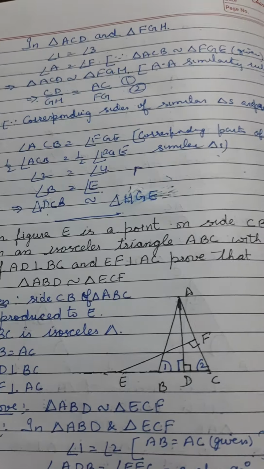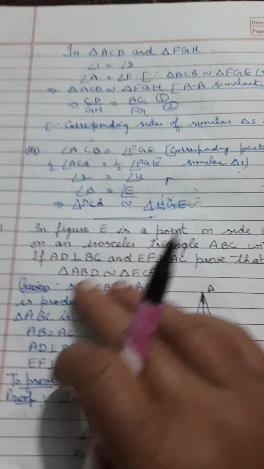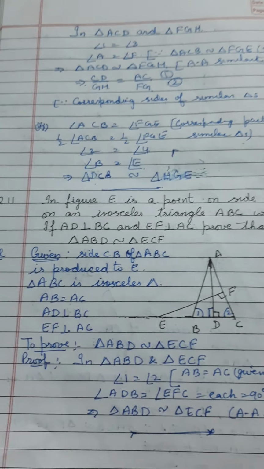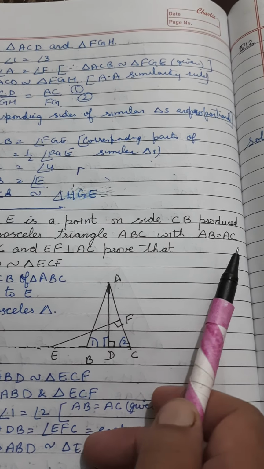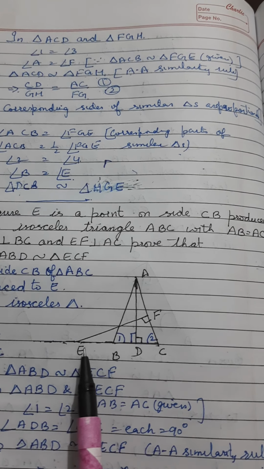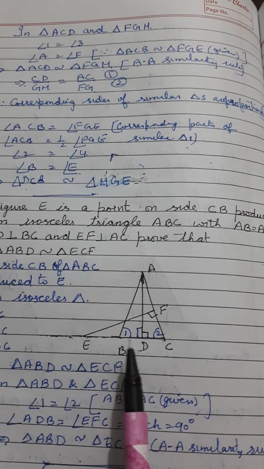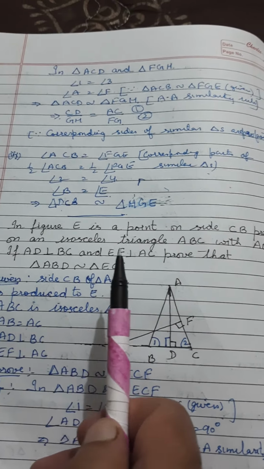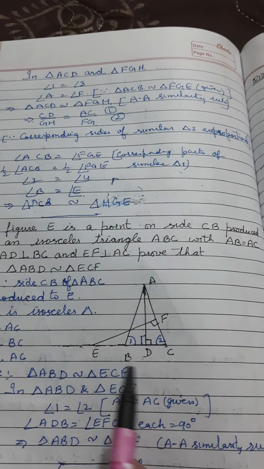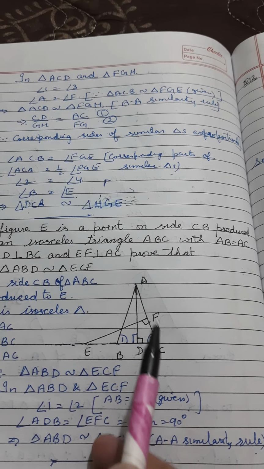Now the next question is question number 11. In the figure, E is a point on side CB produced of an isosceles triangle ABC such that AB is equal to AC.